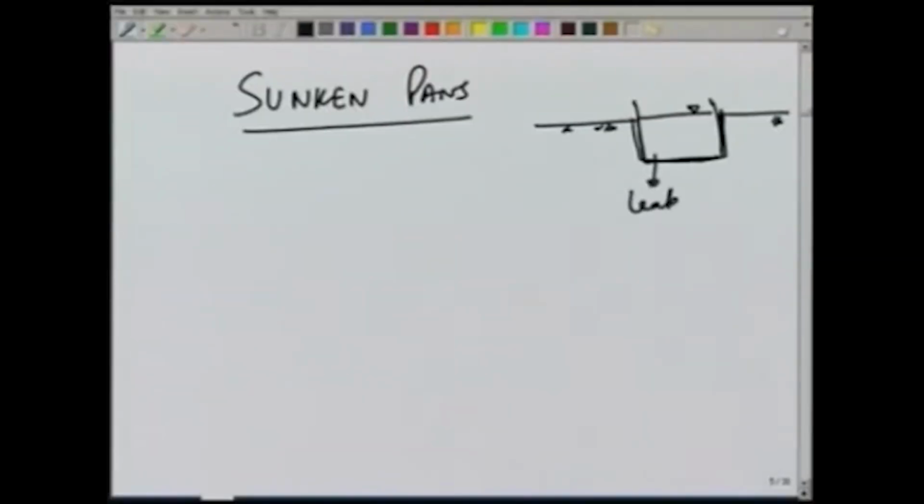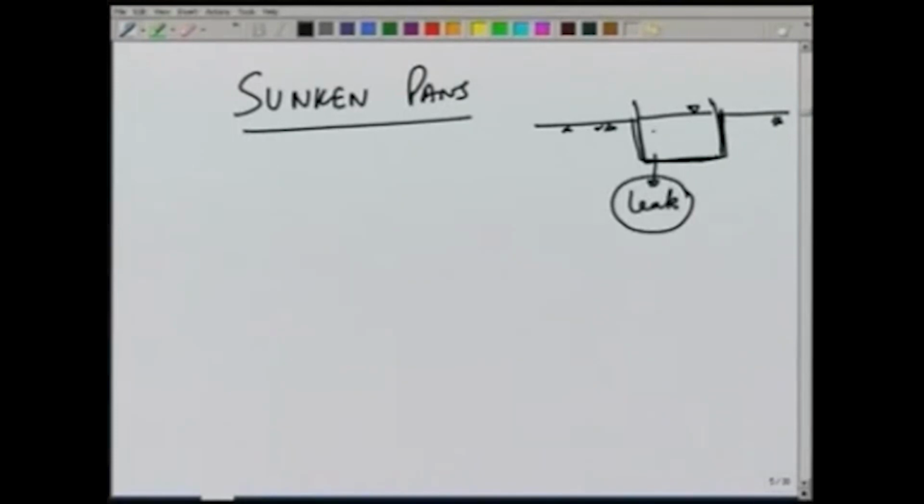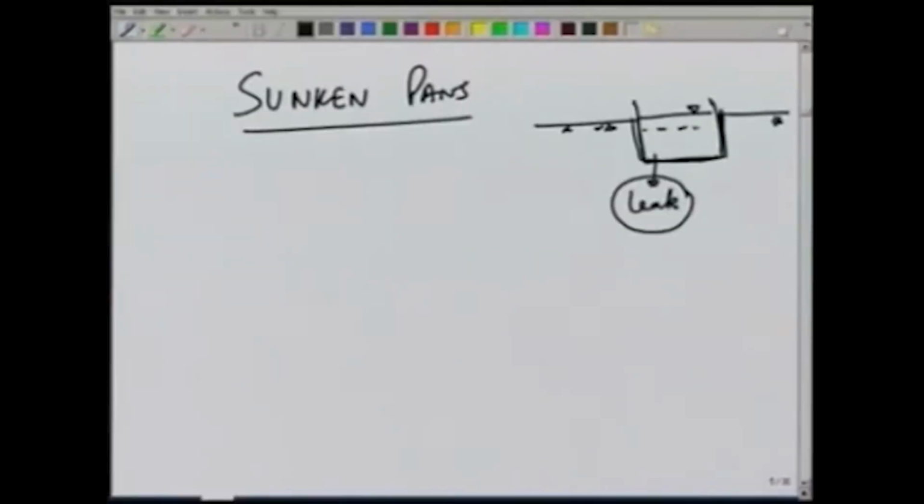The disadvantage is that if there is a leak, it is very difficult to find out the leak, because in above surface pans it is very easy to see the leaks because it is all above the surface, but since this is sunk below ground, if there is a leak we will not be able to know about it. The water level is going down, but part of this may be because of the leak.